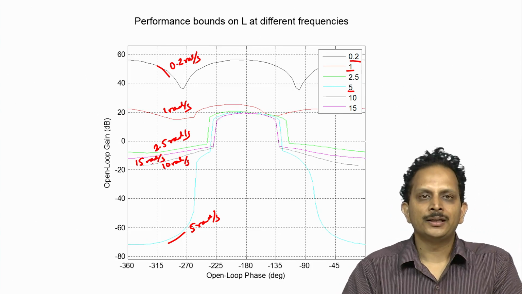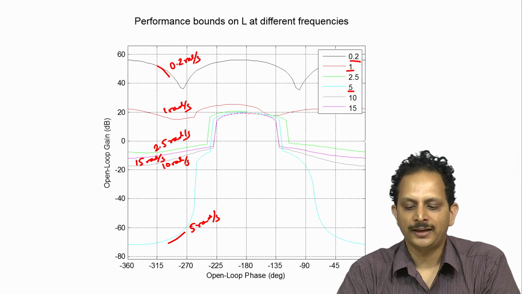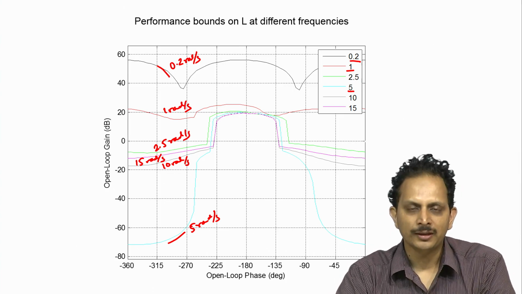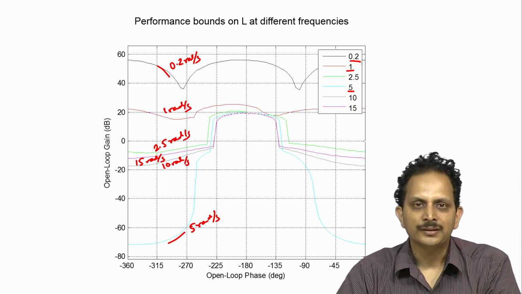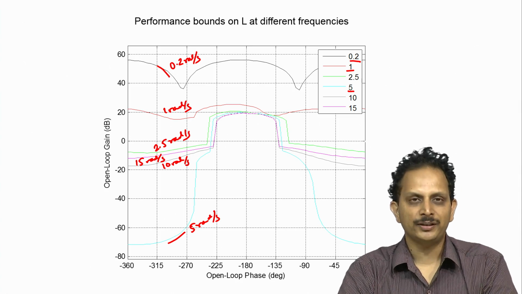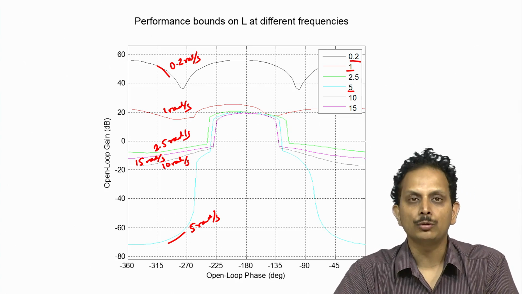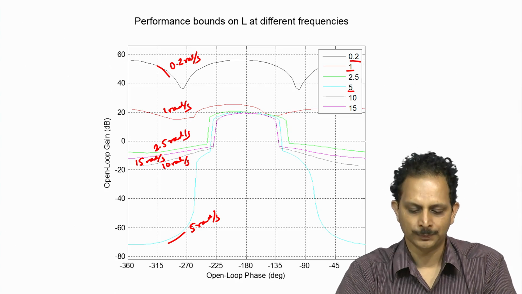Now as you can see, these curves are rather non-intuitive in their appearance and their shape, and hence it is not easy to describe their shape using a simple mathematical expression. It is therefore best to employ a software such as the QFT toolbox in order to plot all these different bounds.